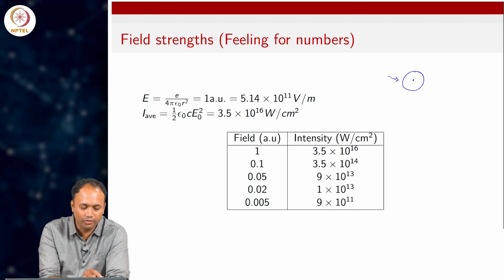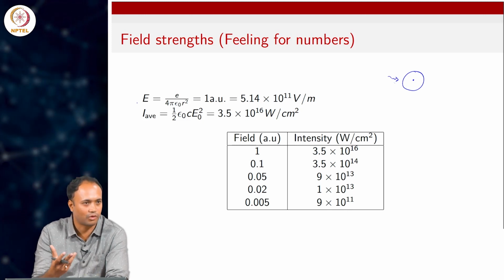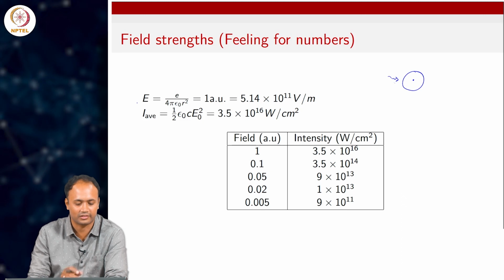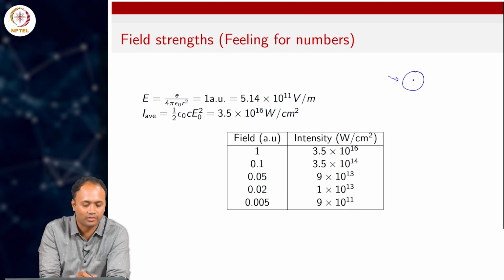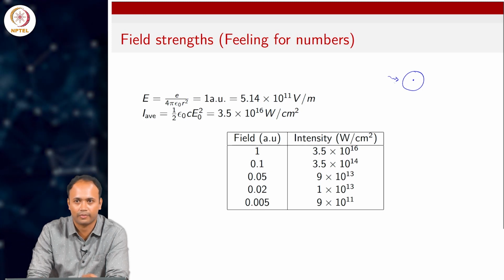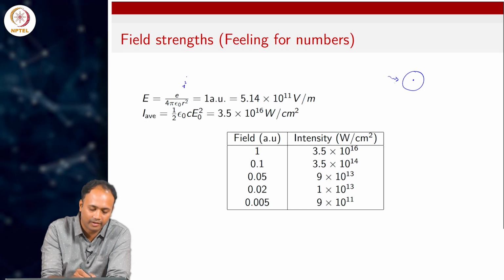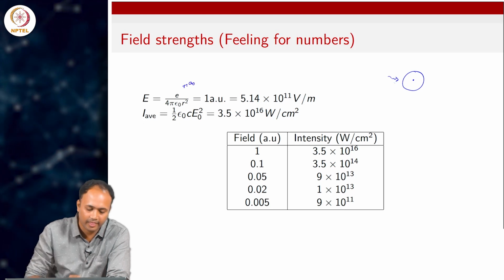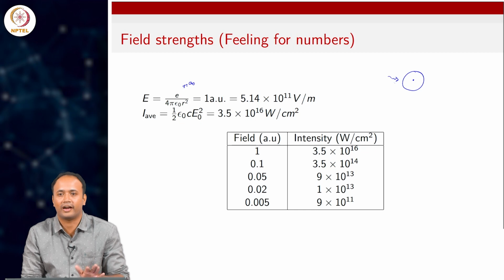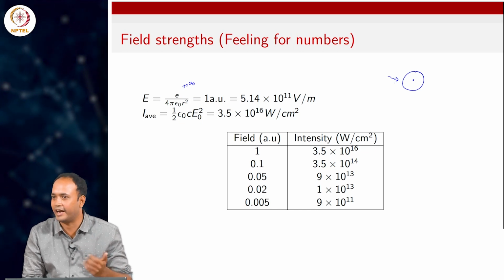If you now compute the field strength of a typical Coulomb potential, this is a classical estimate. The field that the electron sees is e divided by 4 pi epsilon naught r squared, and for r squared I take the Bohr radius. What you get out of this is 1 atomic unit, in so called atomic units.